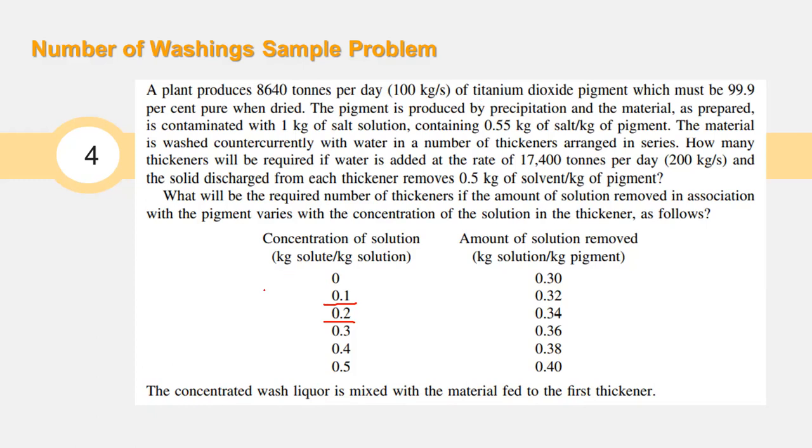And so on and so forth. The process is done countercurrent. So in the first thickener, what is being used as a washer for your original feed introduced in your system of washers is your concentrated wash liquor. So you have your concentrated wash liquor and your feed being contacted in your first thickener.